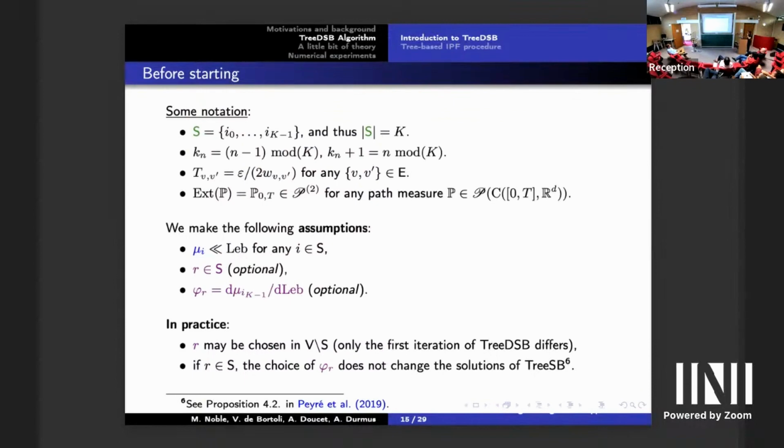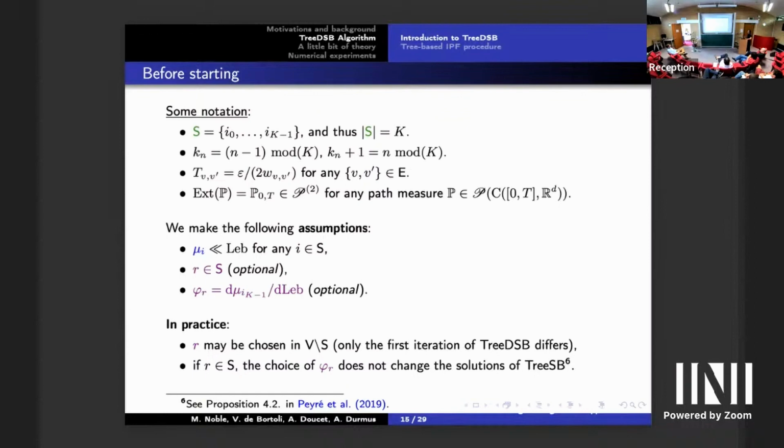So I told you that in the two-marginal setting, the epsilon coming from the optimal transport problem is proportional to T. This time, we have multiple couples, right? We have trees, so we have relations between two distributions, but at multiple locations. And so now this depends on the weights between the nodes V and V prime. And you still have this T, which we will see when you have to compute this thing.